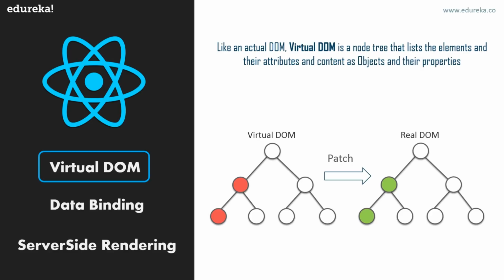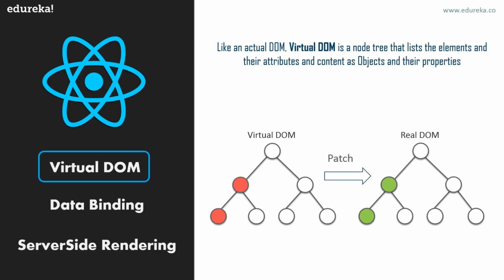Now the important thing: how does React use the virtual DOM? It's very important. As I said, in React every UI piece is a component, and each component has a state. So React follows the observable pattern and listens for state changes. Whenever there is a change, it is updated in the virtual DOM, which gets reflected to the real DOM.